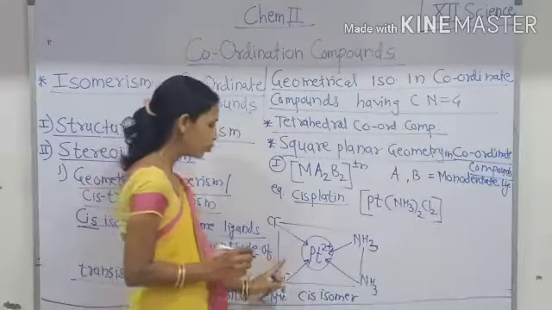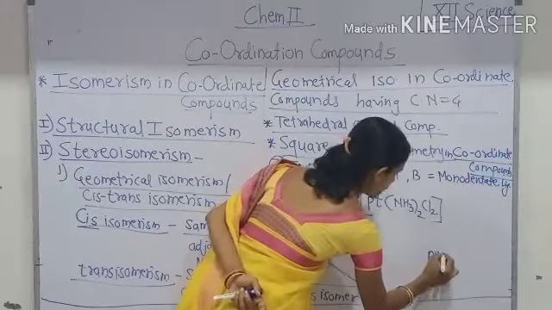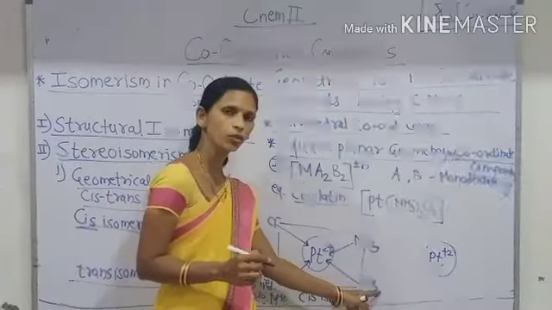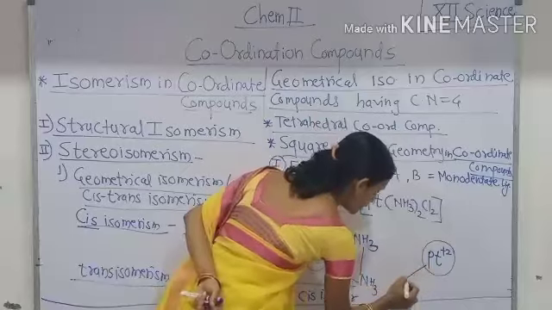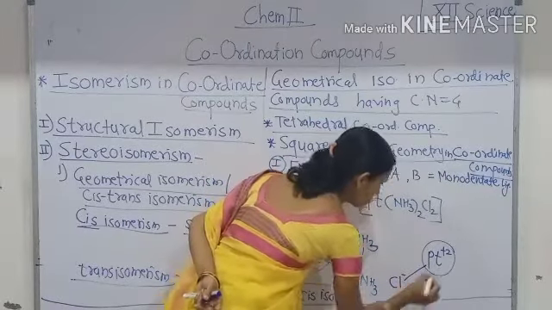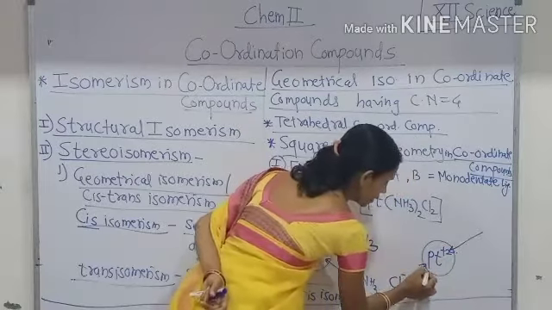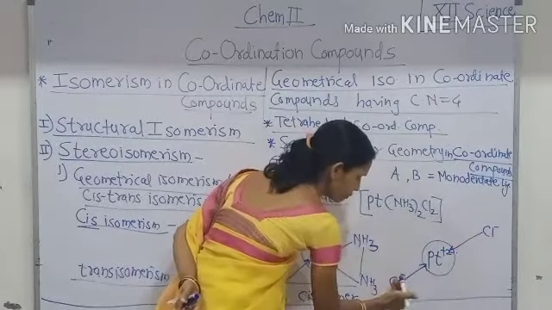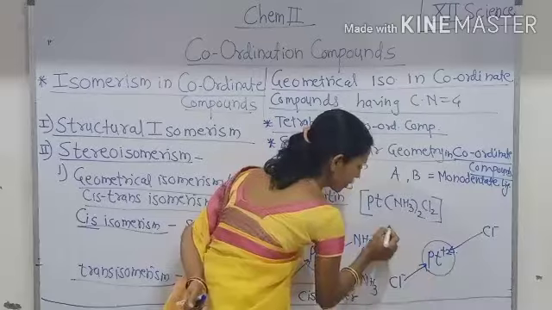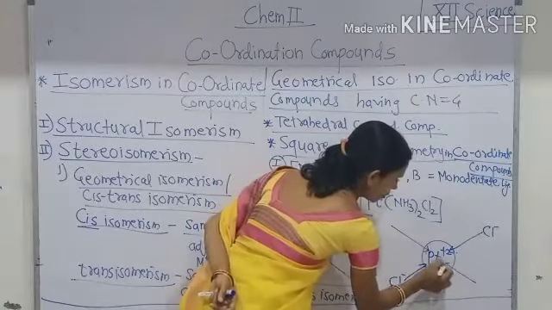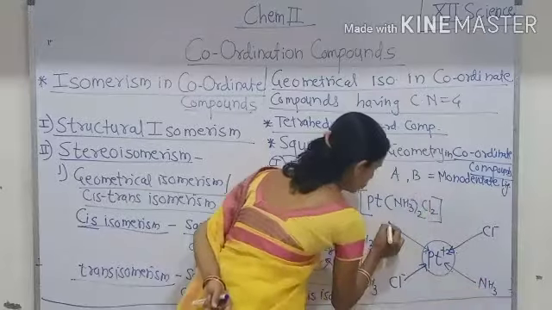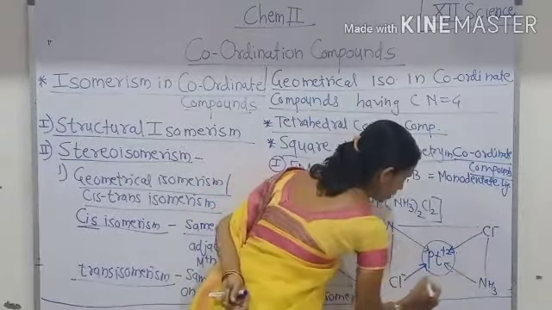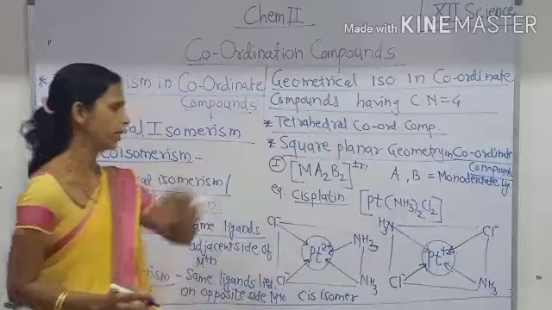Then when same groups, either chloro group or amine group, lie on the opposite side of the central metal ion, then considering chloro group, if chloro group lies at the opposite side of the central metal ion, that is Pt2+, and NH3 groups are also at the opposite side of the Pt2+ ion, then it is a trans isomer of this complex.